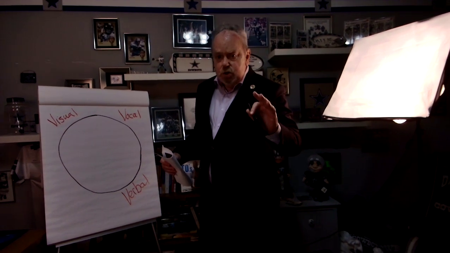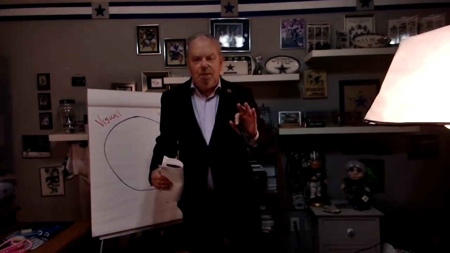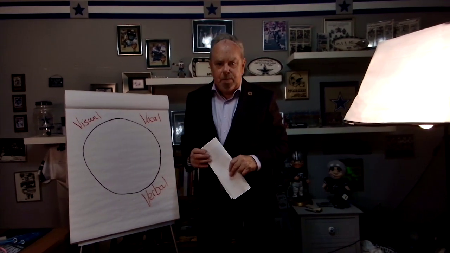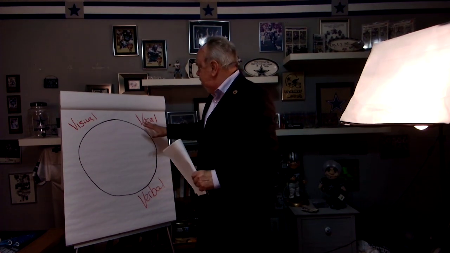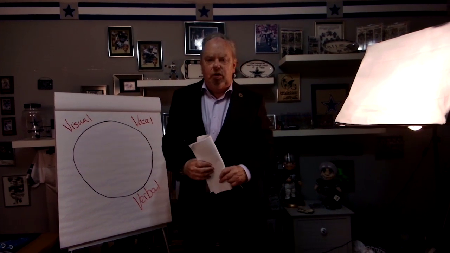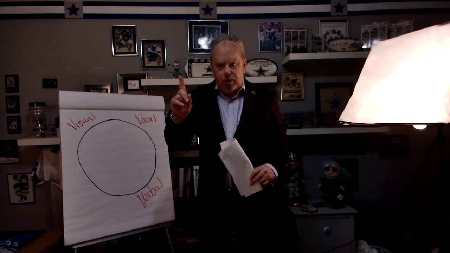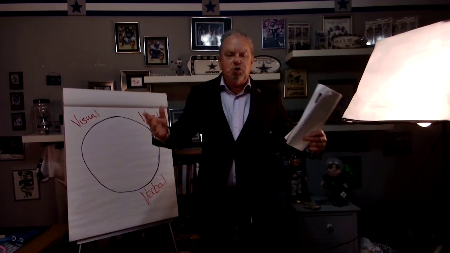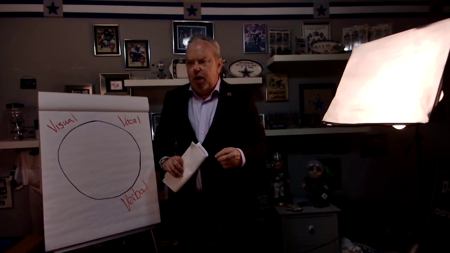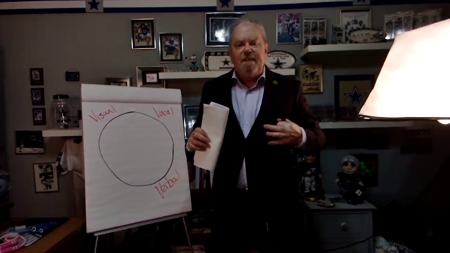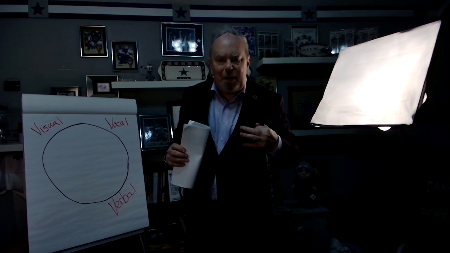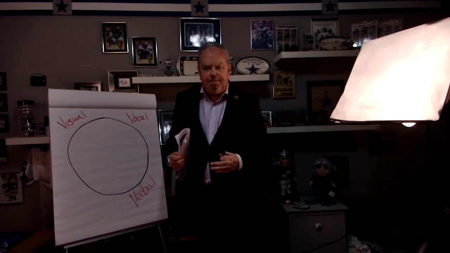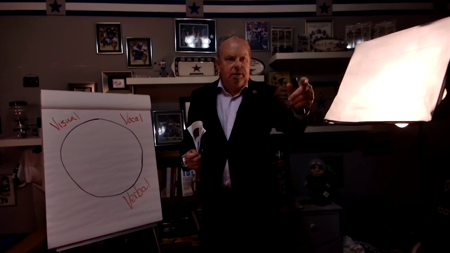Okay? So what I'd like you to do is just think about that for a moment and call out. So let's take the vocal channel first. Now, what would you guess? So the vocal aspect, as you recall, is the tone of voice that we use, the volume that we use, the pace at which we speak. Okay, so what do you think?